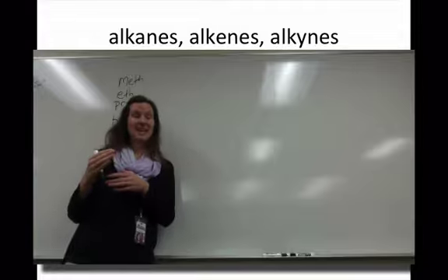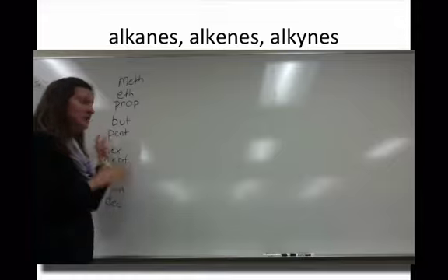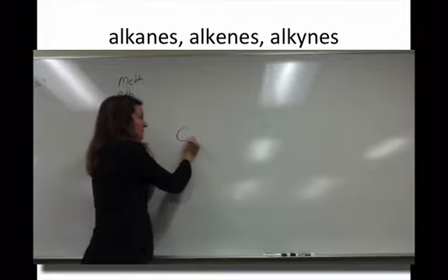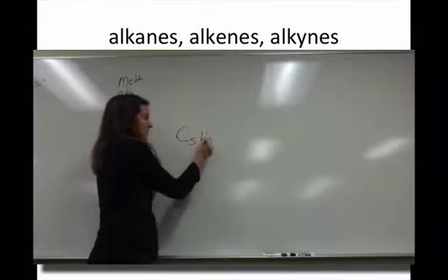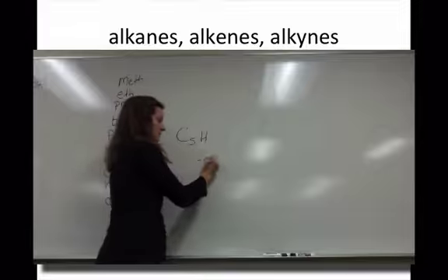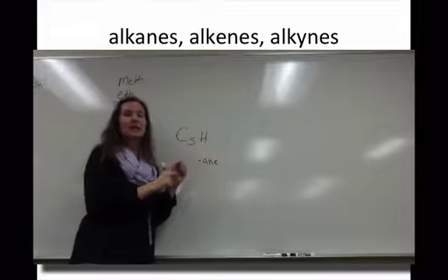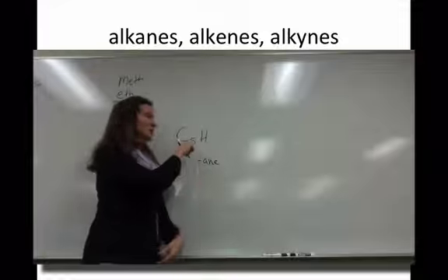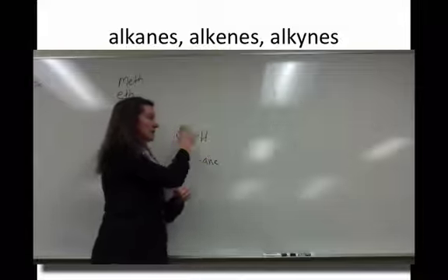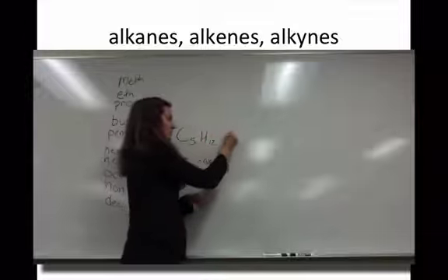Okay, so pentane, pent is 5, so I know that the structure will be C5. And then in terms of how many H's there are, well, for alkanes, the number of H's is always 2 times your number of carbons plus 2 more. So 2 times 5 is 10, plus 2 more is 12. This will be pentane.